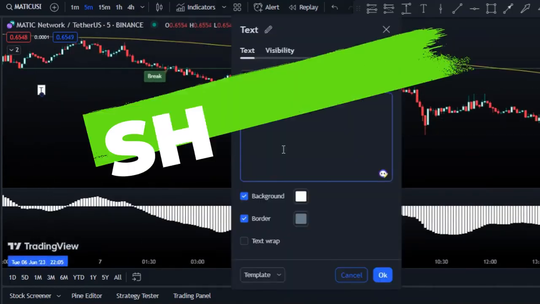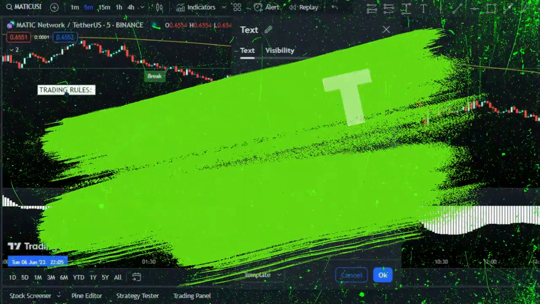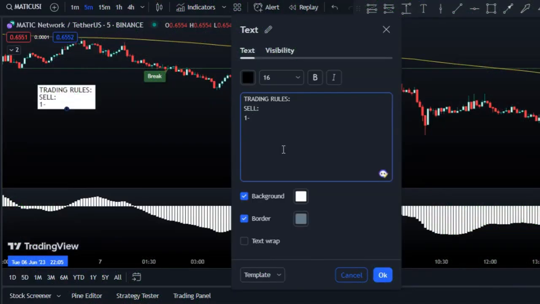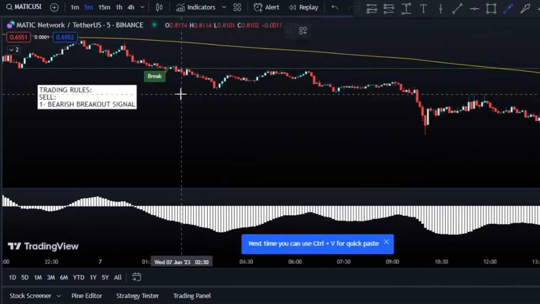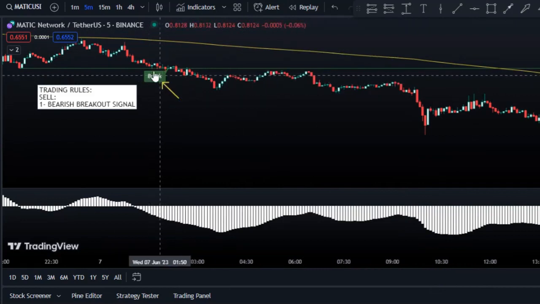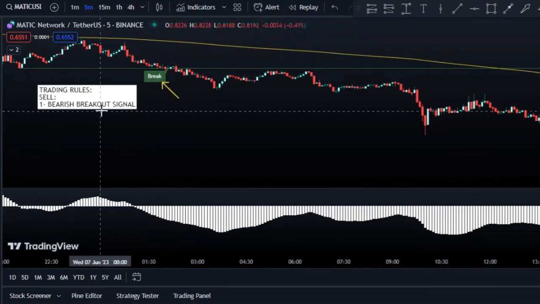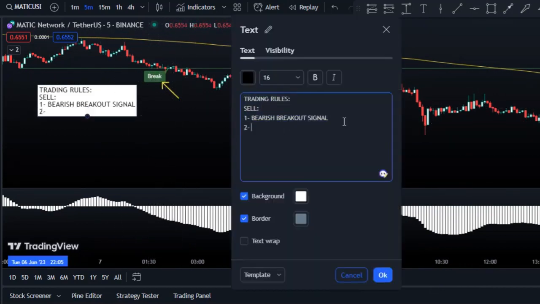And if you want to enter a short trade, first we have to wait for a bearish breakout. Then make sure the momentum histogram indicator is negative.